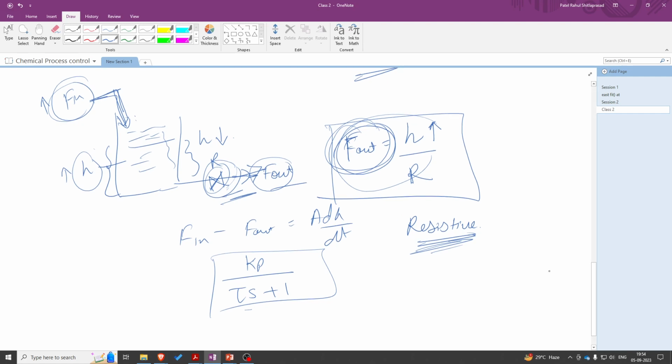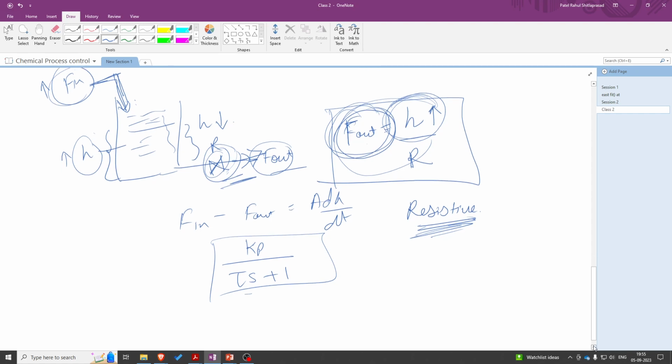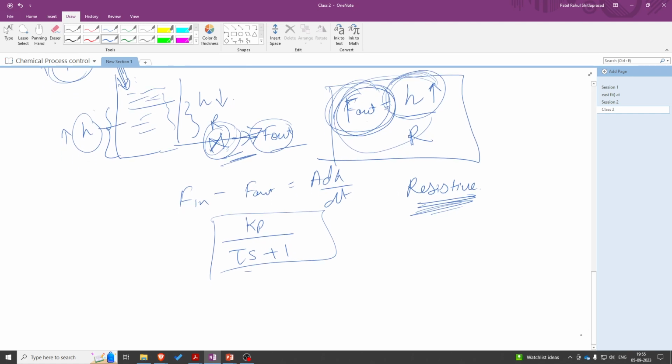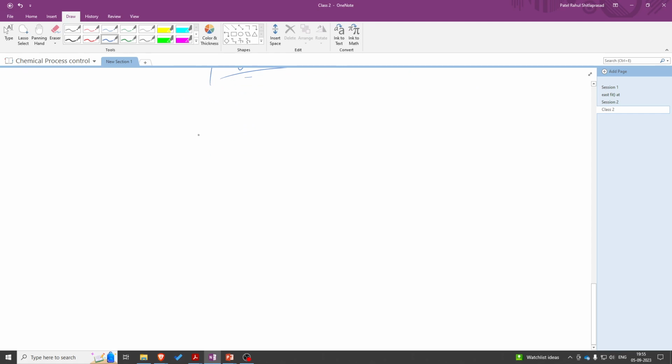Now over here, we had considered this linear correlation, that is, flow output is linearly dependent on the height of the tank. Similarly, we can consider any kind of non-linear correlation also. Let's say the flow output is proportional to the square root of height, that is, alpha times root h.